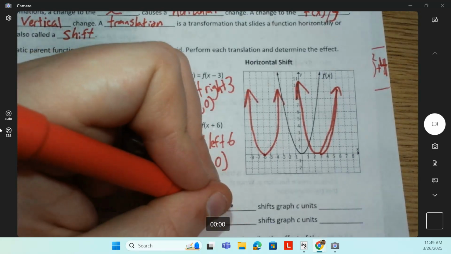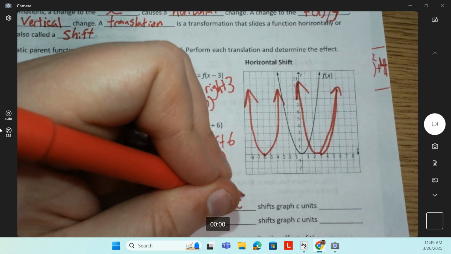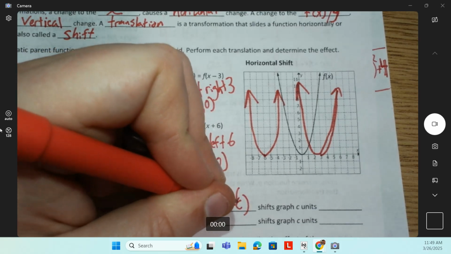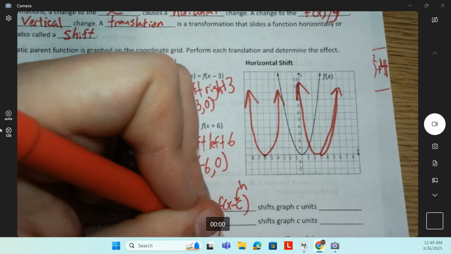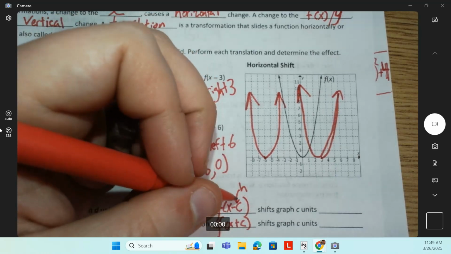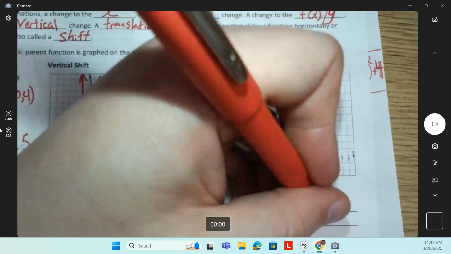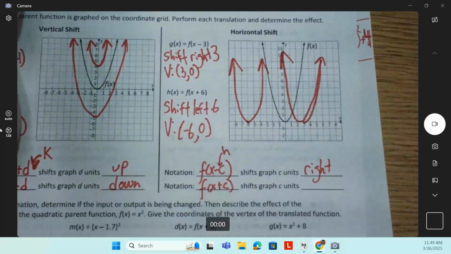So think of it as f of x minus c, where the c value is really just that h. Okay, and so if I do minus c, it's going to move it to the right. Plus c is going to move it to the left.